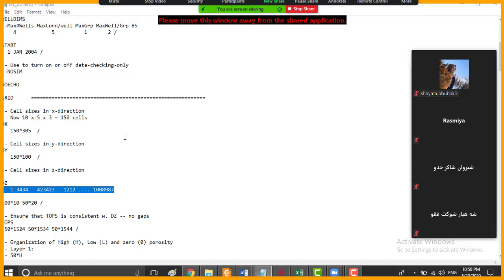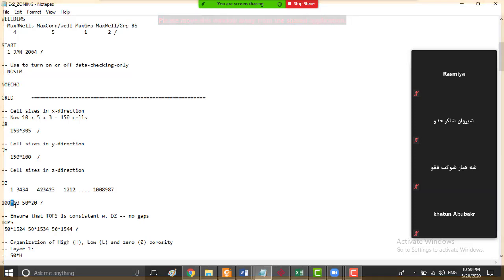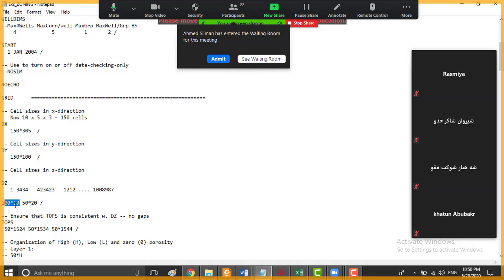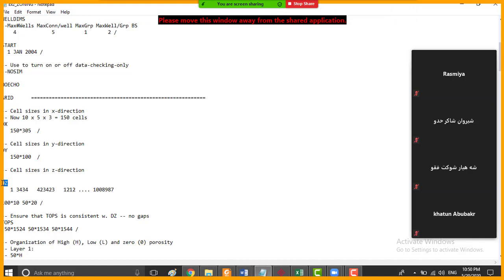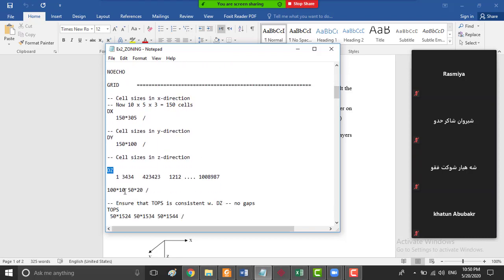Okay? Now, we learned that we can circumvent this tedious process by using this star. When we write 100 star 10, which is 100 times 10, it means that the value of dz, or whatever this keyword is, for the next 100 cells is equal to 10.